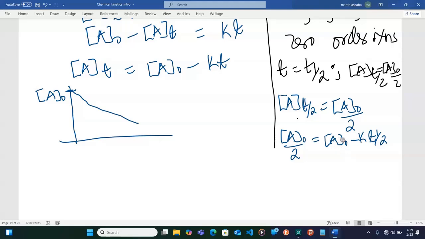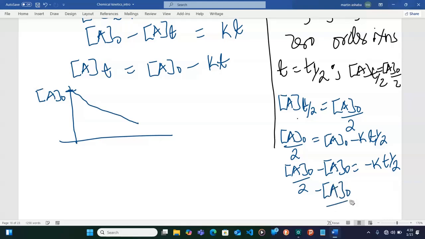So when we transfer this here, you will have this a half of the initial minus the initial concentration equivalent to negative k t half. So obviously this gives me negative initial concentration divided by 2 equivalent to negative k t half.